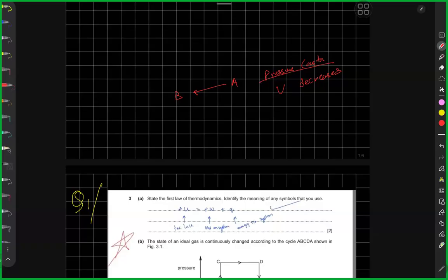But no, you have to use some sort of formula over here. A to B: pressure is constant, V is decreasing. So if you use del U is equal to heat supplied plus work done, I'm doing work on the system. Shouldn't the internal energy increase?